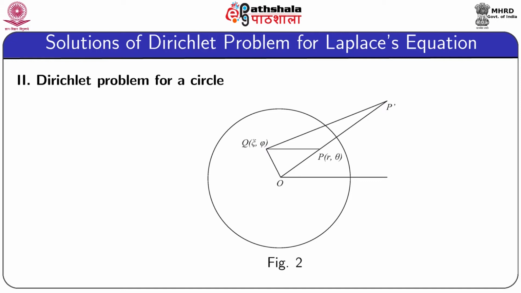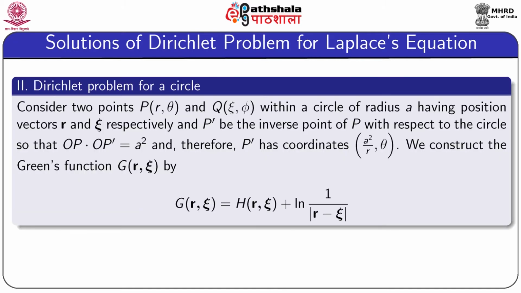Now, we are going to solve the Laplace equation in a circle. Here we are also trying to find the solution of the Dirichlet problem. That means the value of the unknown function u is given on the boundary of the domain of this function. So, we consider 2 points.